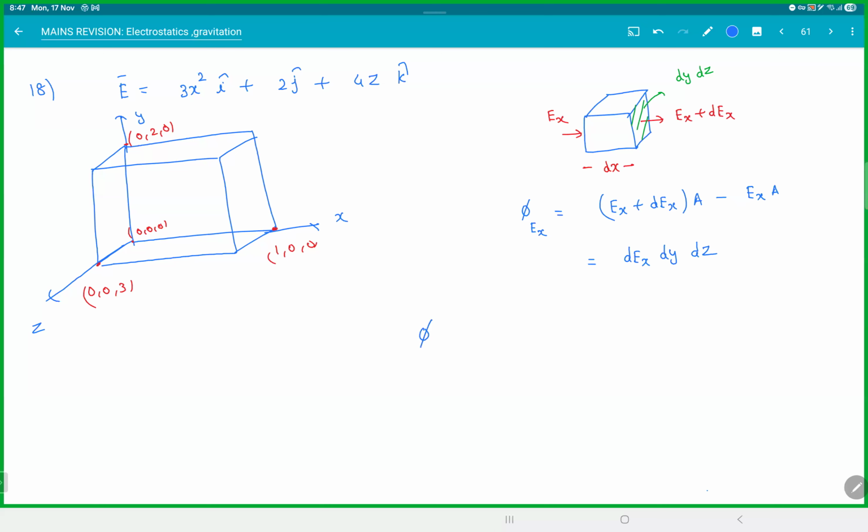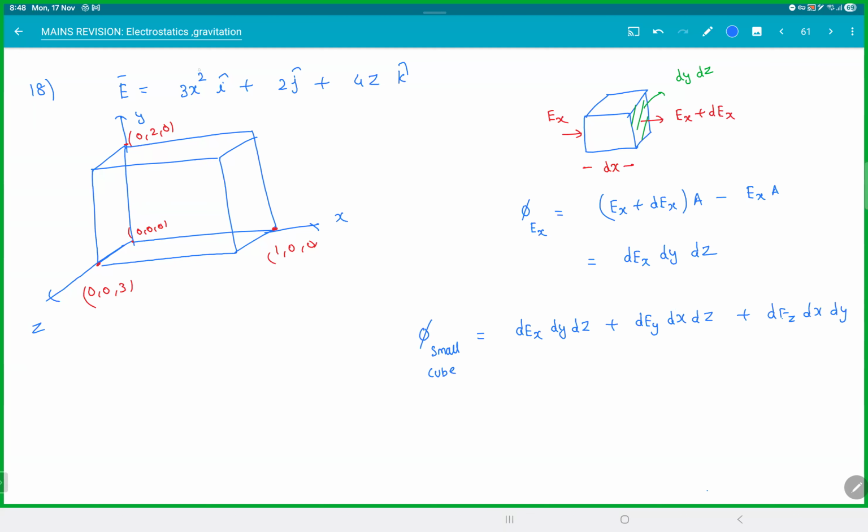So what is the total flux through a small cube? dEx dy dz plus, similarly, I can do dEy dx dz plus dEz dx dy. This is the flux passing through a small cube. Clear with this?